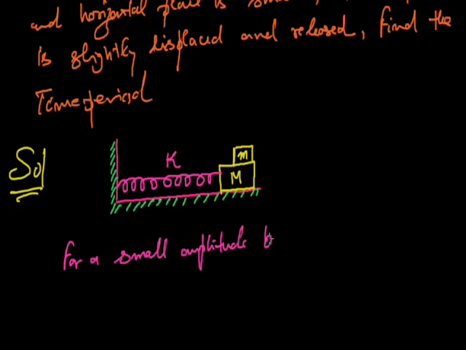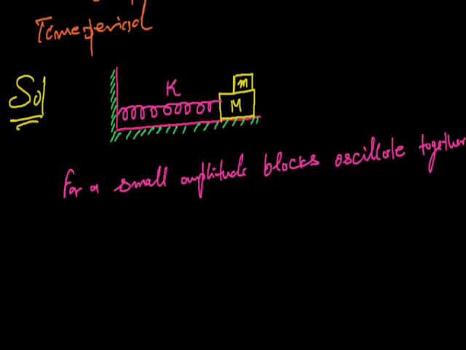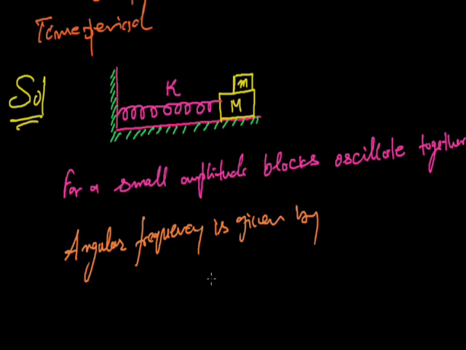Angular frequency is given by omega, which is what we have already found out earlier: root of k upon total mass, capital M plus small m.